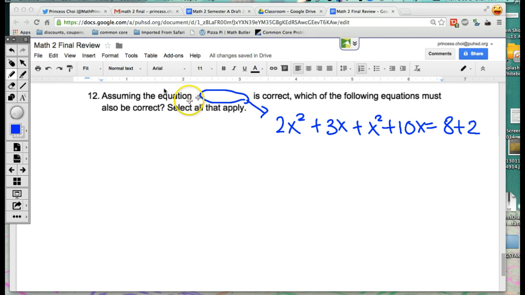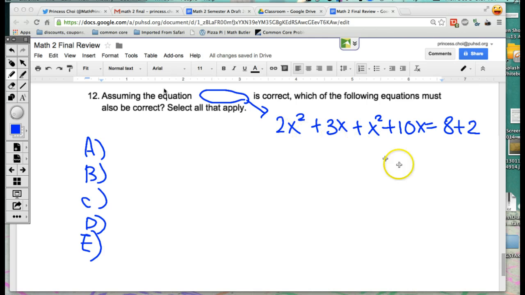What that basically means is you have options A, B, C, D, and E. And on this question, you have about 3 correct responses. And the only way you can figure out which are the correct responses is if you actually know how to solve this. Okay? So, let's take a look over here.